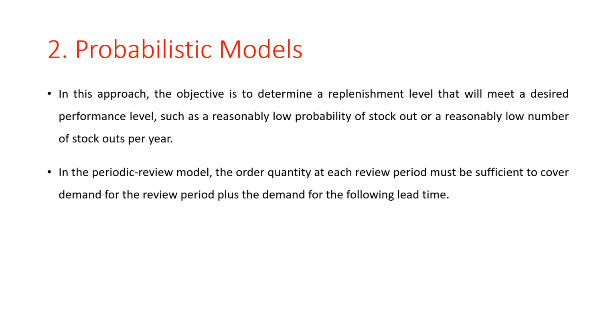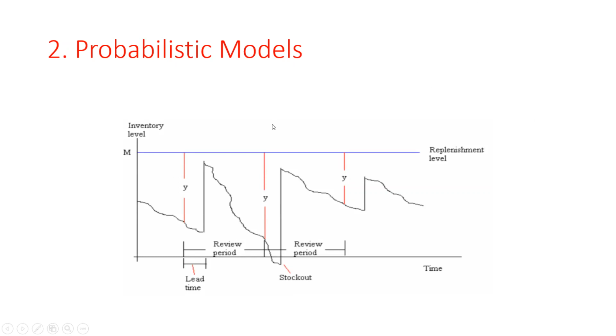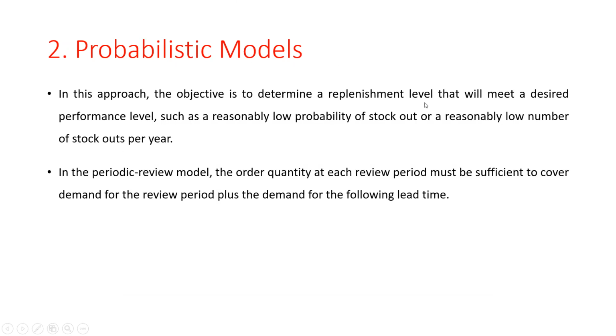In this periodic review model, the objective is to determine the replenishment level that will meet a desired performance level, such as a reasonably low probability of stock out or a reasonably low number of stock outs per year. The order quantity at each review period must be sufficient to cover the demand for the review period plus the demand of the following lead time.